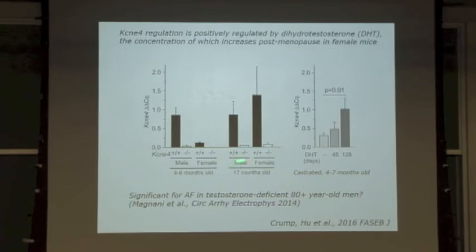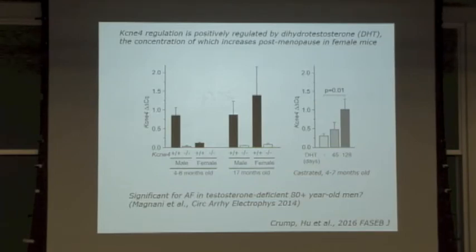Then if we look at males 17 months old, the DHT levels drop a bit in these older male mice, but not dramatically, nothing like the DHT levels in the younger females. So they still have robust KCNE4 expression. The postmenopausal female mice now have high levels of KCNE4, just like the younger sexually mature male mice and the older mice. So that was one way of doing it.